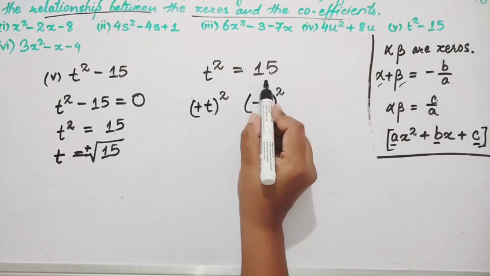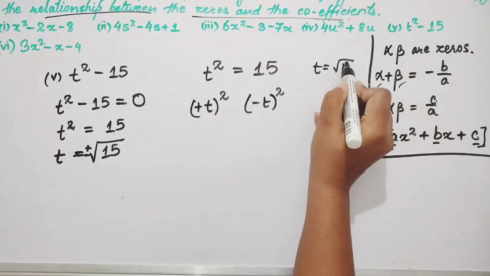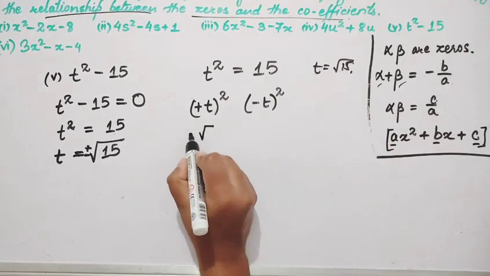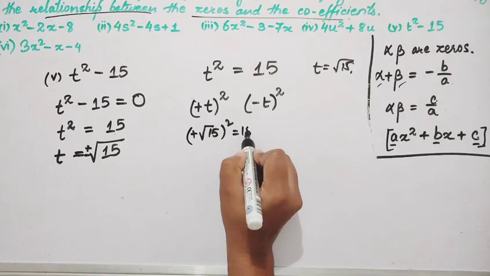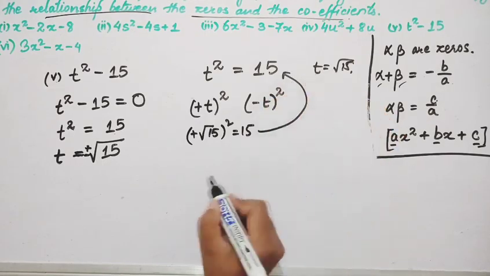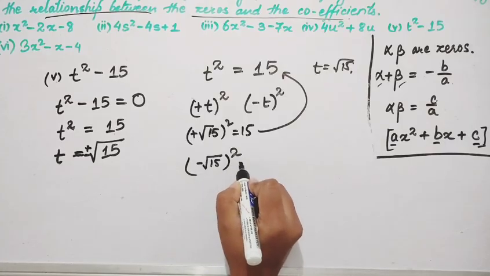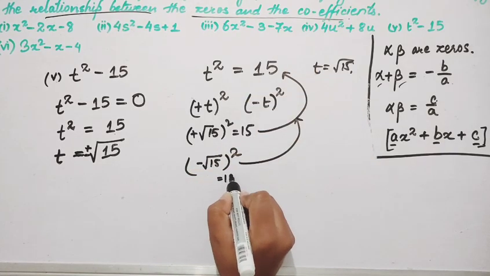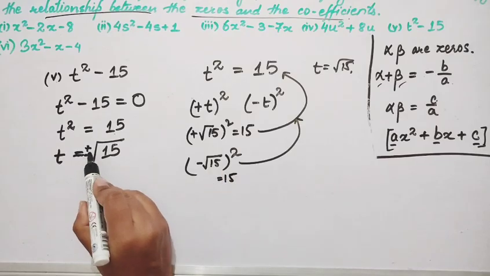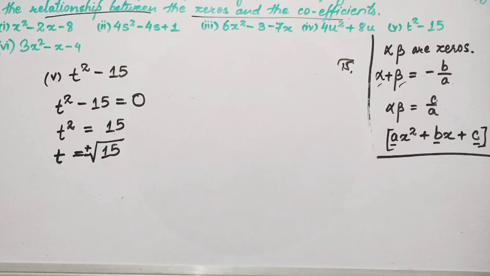So if t square is 15, what is t? It is root 15, right? So it might be plus root 15 whole square, which will give us 15, when we square it, or minus root 15 whole square, which will again give us 15. So we have to take plus minus. I hope I was able to make you understand this.